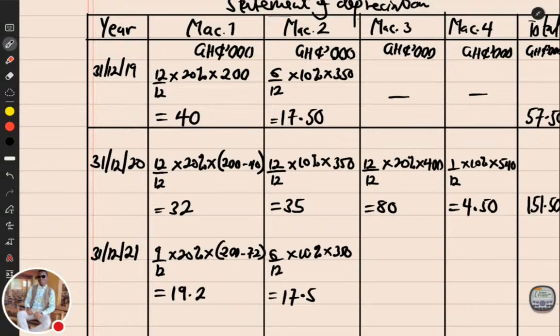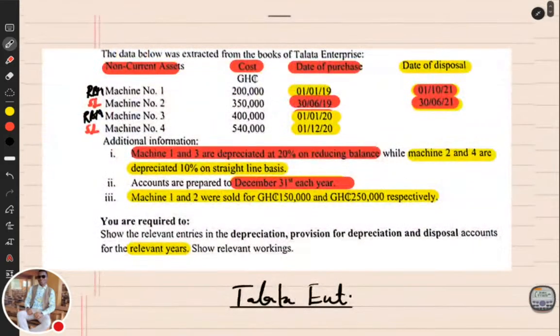So that will be for machine number 2. Then move on to machine number 3.